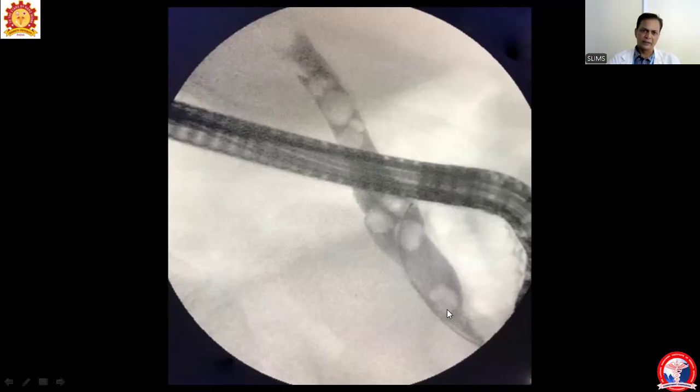In that particular area, contrast is not getting uniformly spread because of the calculus. So here multiple near spherical filling defects are seen. Those are the calculi on ERCP.